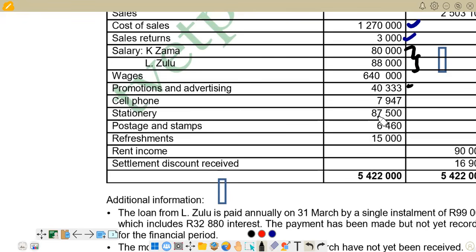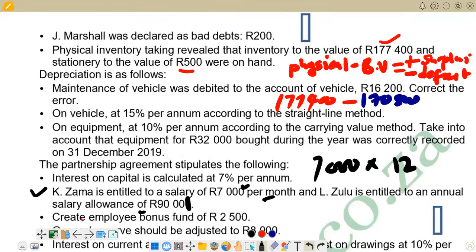Then we have stationery, which is 87,500. So we come back to stationery. Cell phone is 7,947, so we go there.